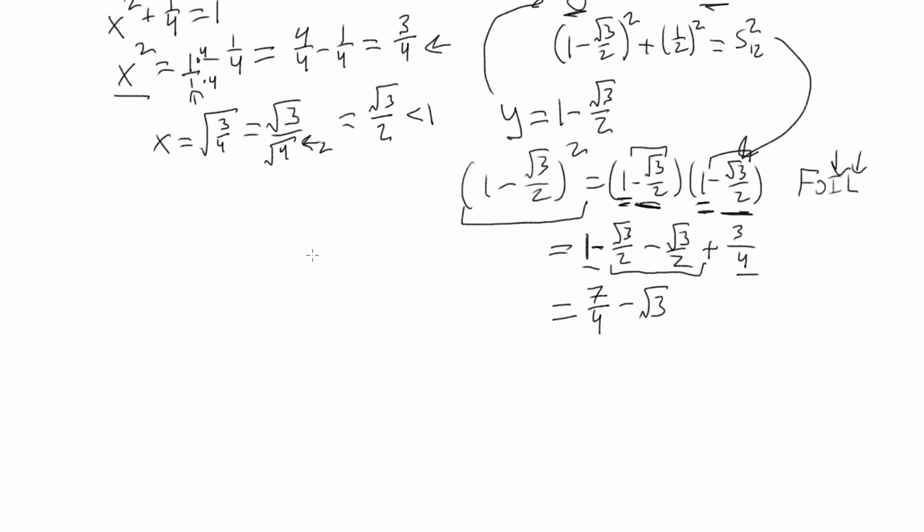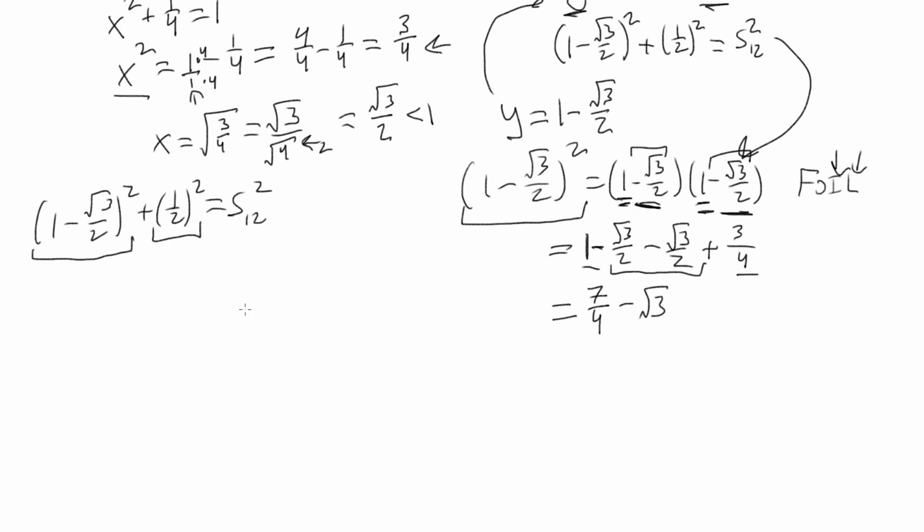Now, remember we had (1 minus square root of 3 over 2) squared plus (1/2) squared is S12 squared. And S12 was that red edge of the dodecagon that we're after. So now I'm going to plug in the thing for this that I have now.